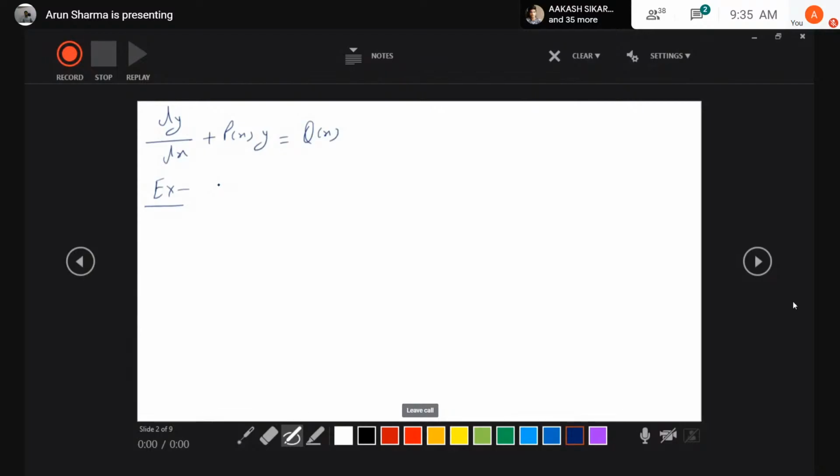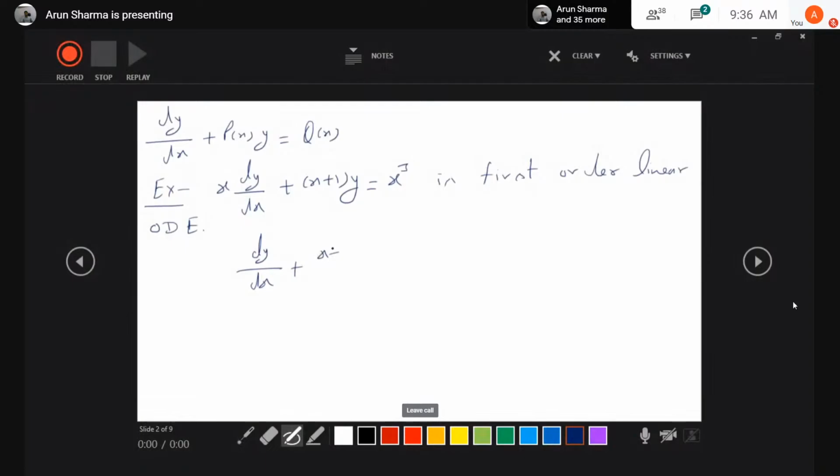For example, the equation x dy by dx plus (x plus 1) into y equals x cubed is a first order linear ODE. But whenever this type of equation is given, please convert it into the standard form: dy by dx plus (x plus 1) upon x times y equals x cube upon x, which is x square.